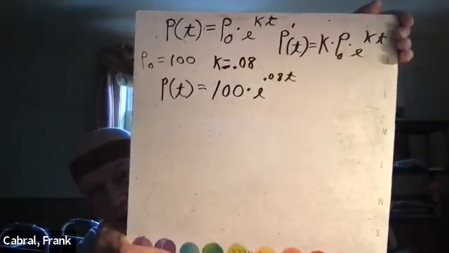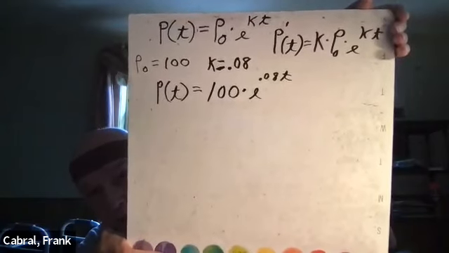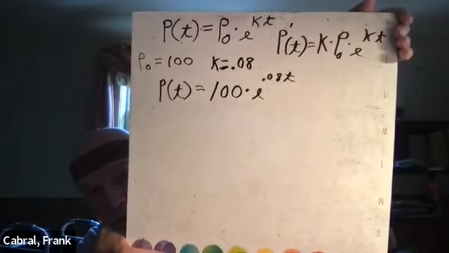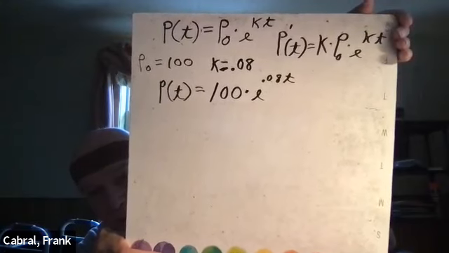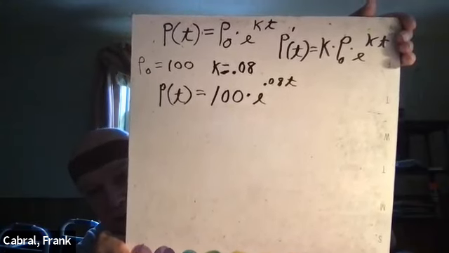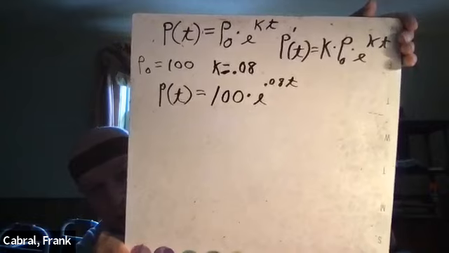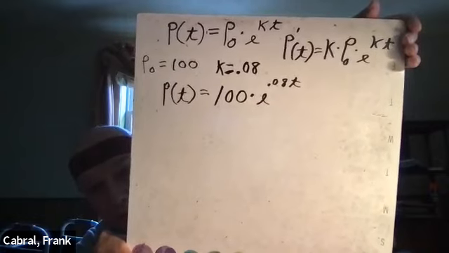Now you could just plug this into your calculator in order to answer the question of how many bacteria there are, let's say after 4 hours, 5 hours, whatever, okay? But we're more interested, since this is calculus, in the question of how fast this population is growing in 4 hours or 5 hours.